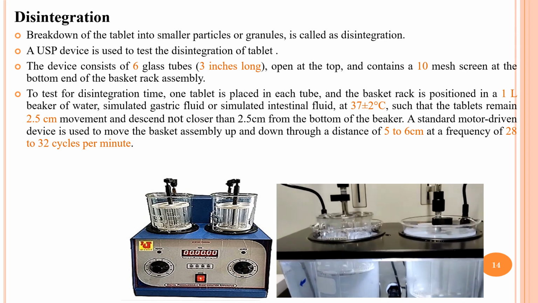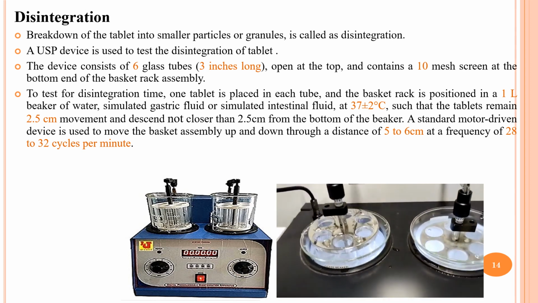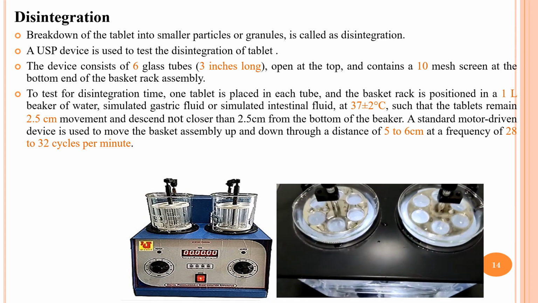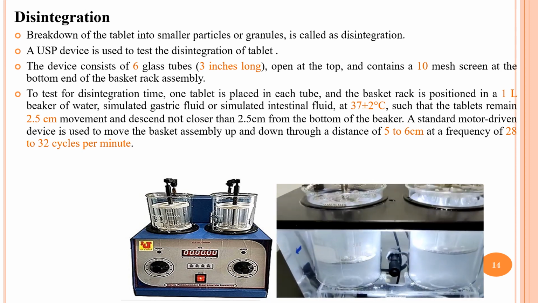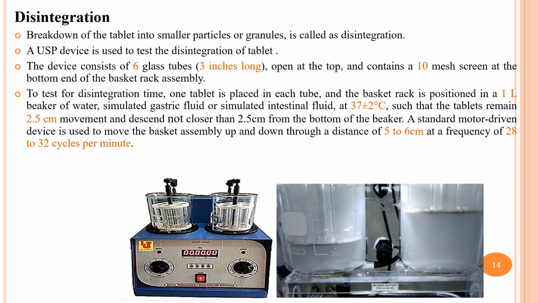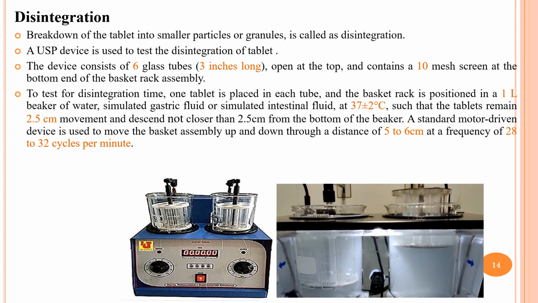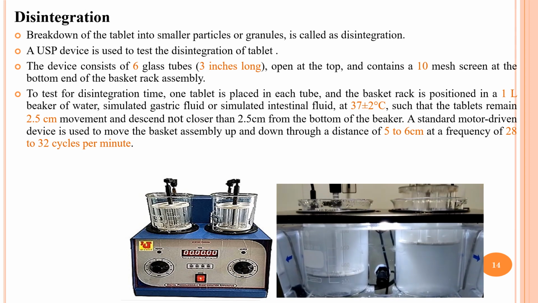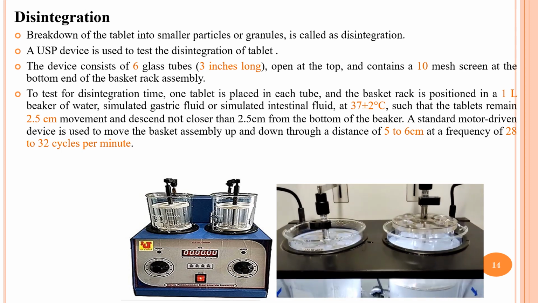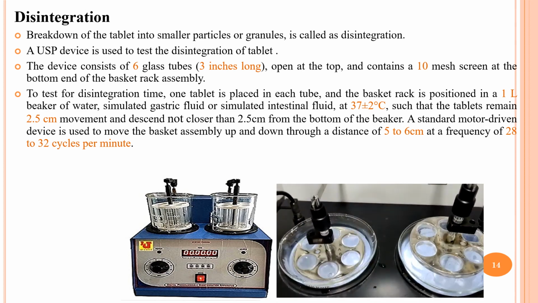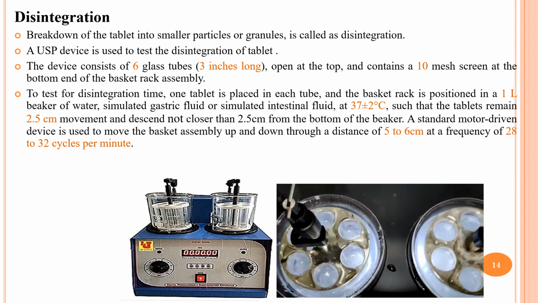To test for disintegration time, one tablet is placed in each tube and the basket rack is positioned in a 1 liter beaker of water, simulated gastric fluid or simulated intestinal fluid at 37 plus minus 2 degrees Celsius such that the tablets remain 2.5 centimeter below the surface and descend not closer than 2.5 centimeter from the bottom of the beaker.